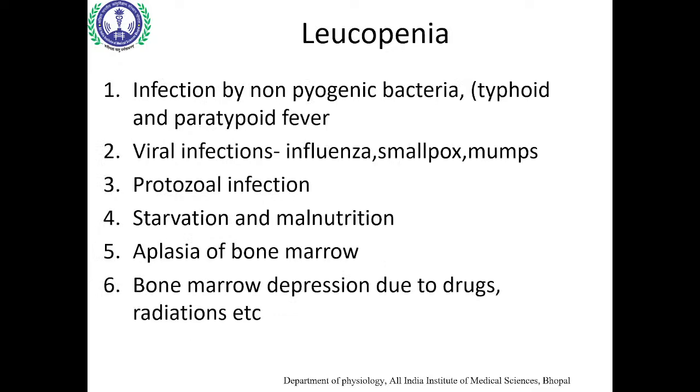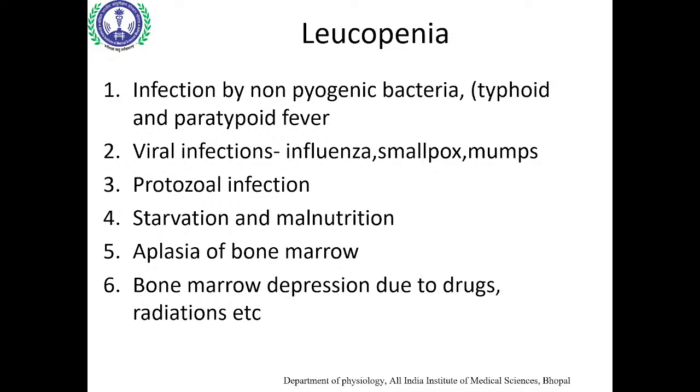ओके, now there is another term, that is penia. Penia, you all know, is the reduction in the count of the cells. So a general term which is used for reduction of these WBCs as total, if we talk about TLC, then it is leukopenia, right. So infection of non-pyogenic bacteria like typhoid and paratyphoid fever.